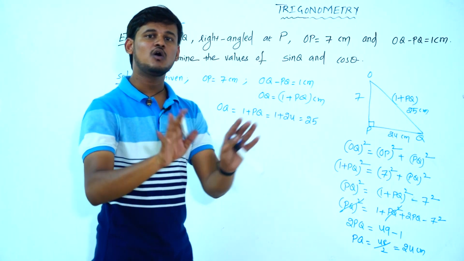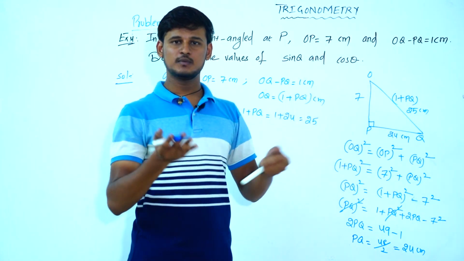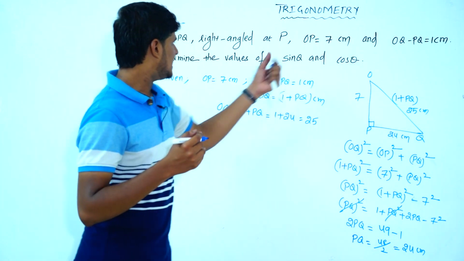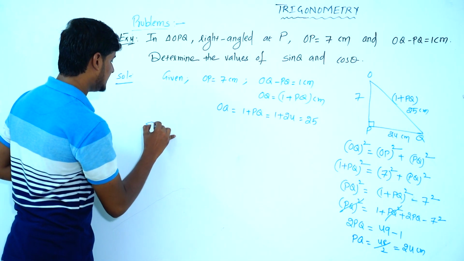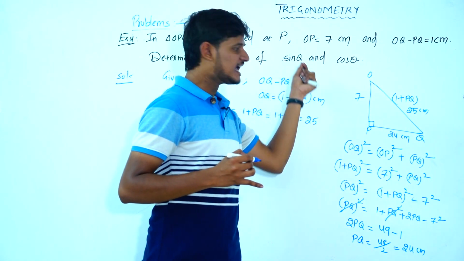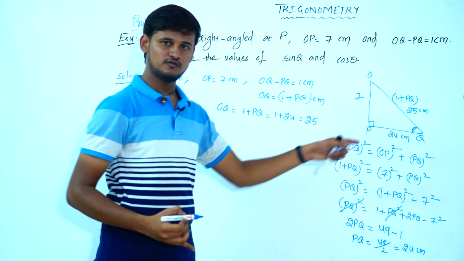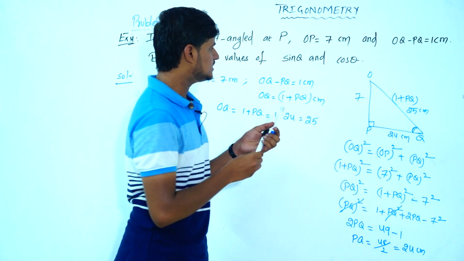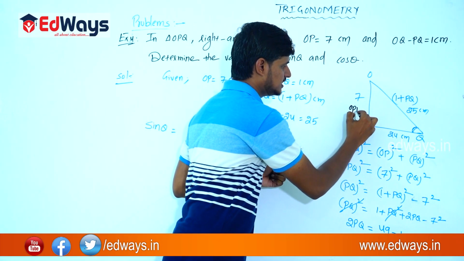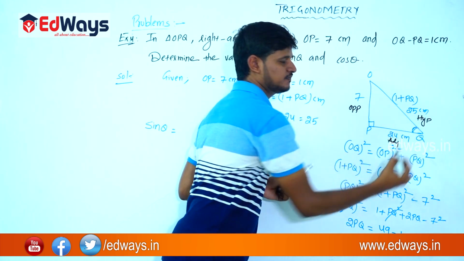Now I know all three sides of the right triangle, so I can find any trigonometric ratio. They asked us to find the value of sin Q. We have to take the reference angle as Q. With respect to Q, this is the opposite, this is the adjacent, and this is the hypotenuse.